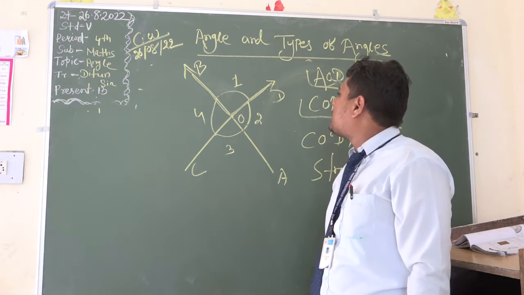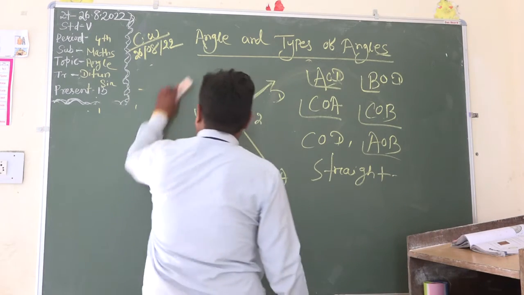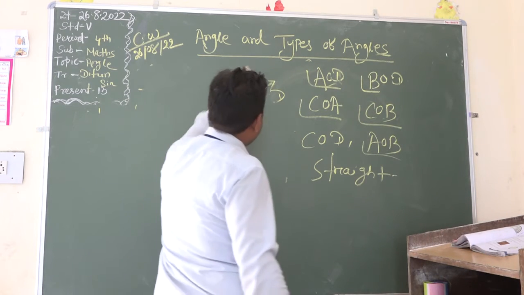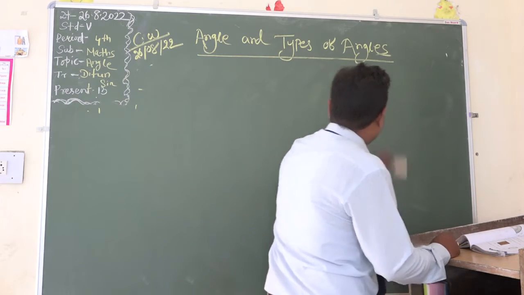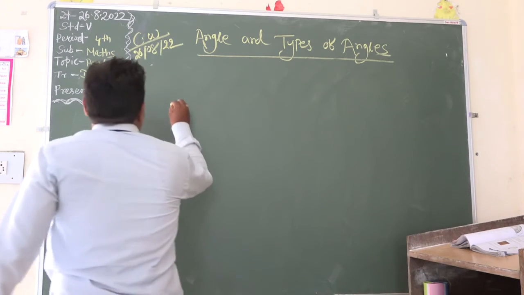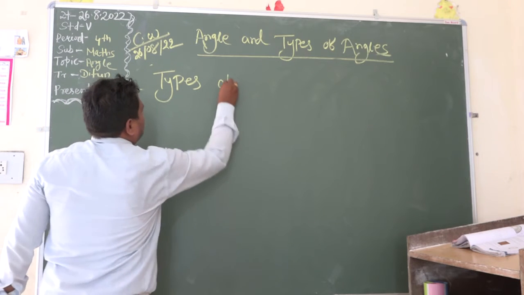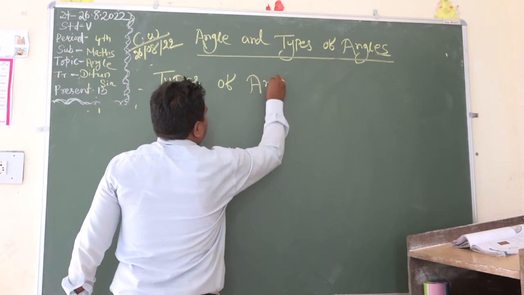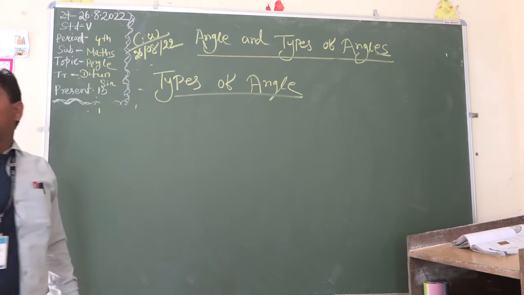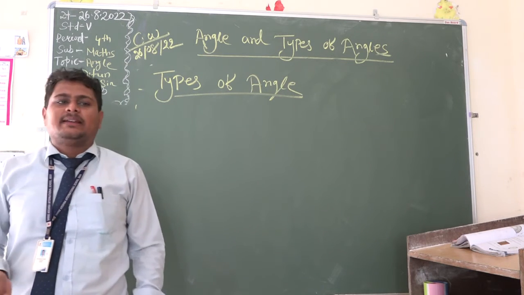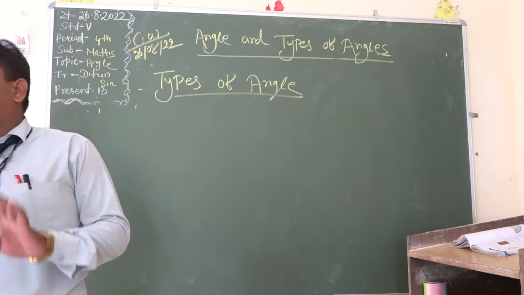Now we will discuss the types of angle. As per your book, there are four types of angles.